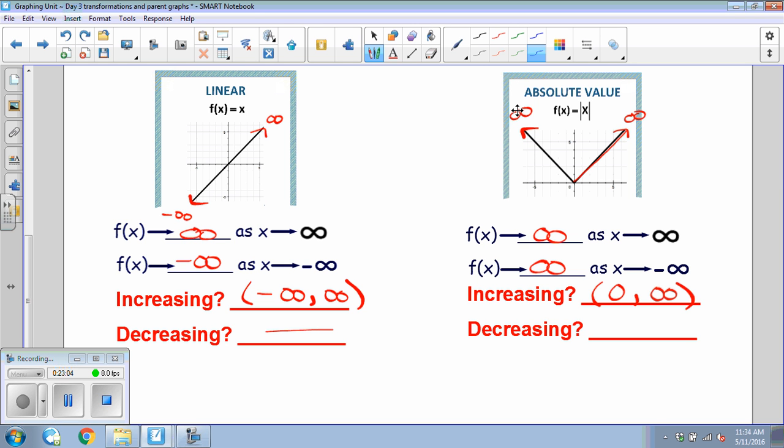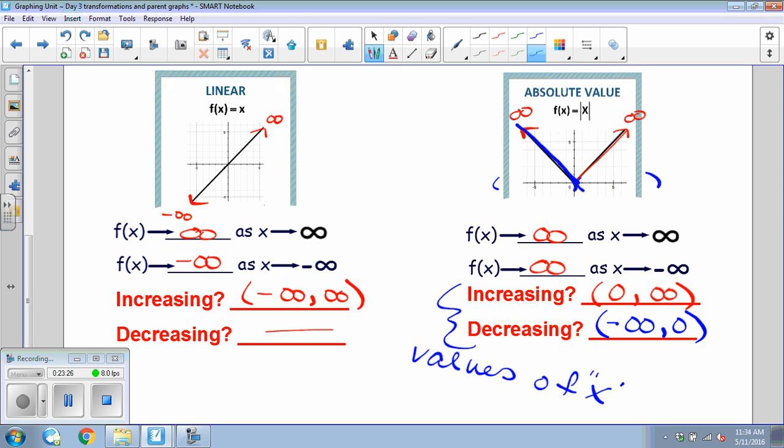Values of x. We're talking about these intervals here. Values of x from negative infinity to 0.